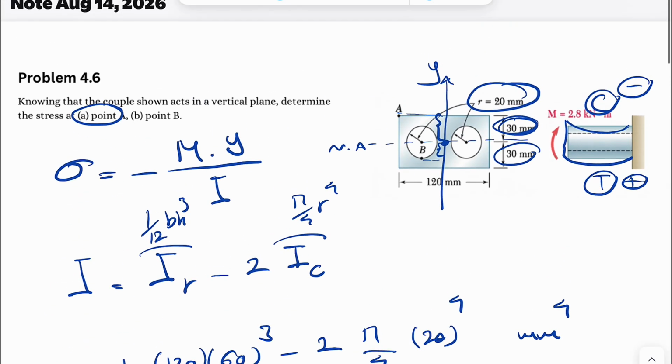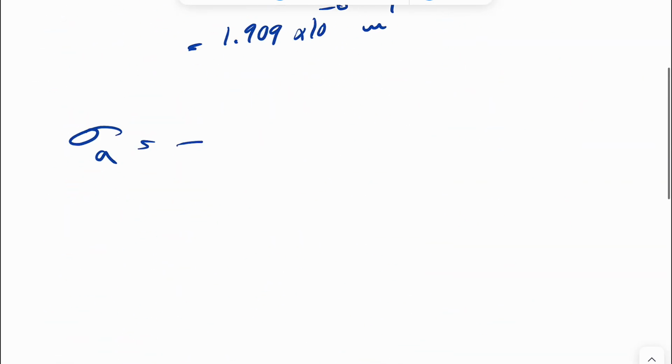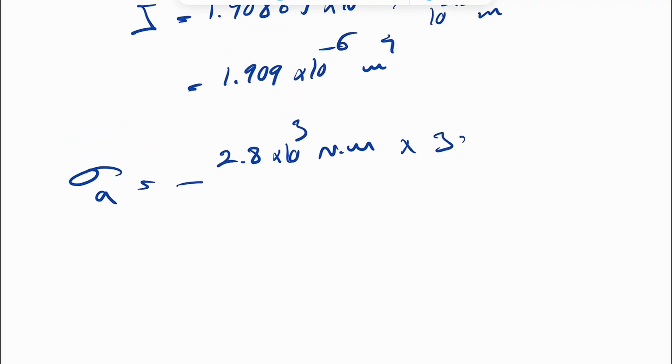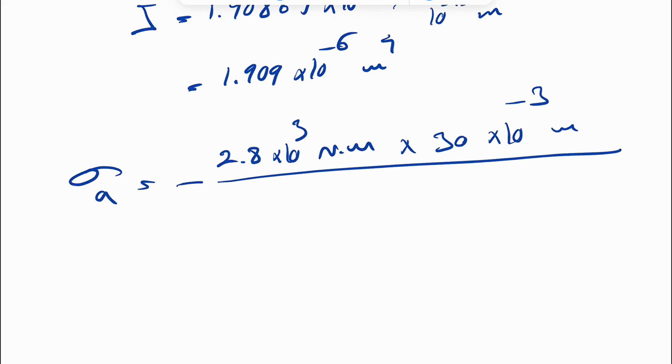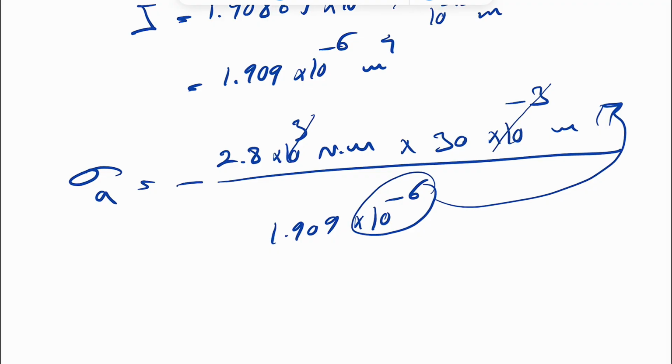The moment is 2.8 kilonewton meter, 2.8 times 10 to the 3, just a conversion for the kilo, times the y, which is 30 millimeters, so 30 times 10 to the minus 3 meter, and our I would be 1.909 times 10 to the minus 6. So these two will be canceled out, and we can bring this to the numerator.